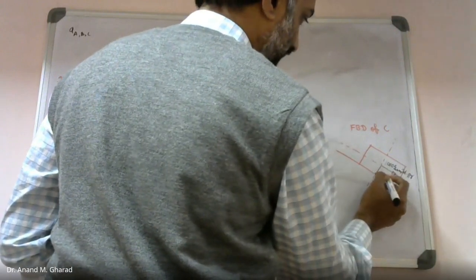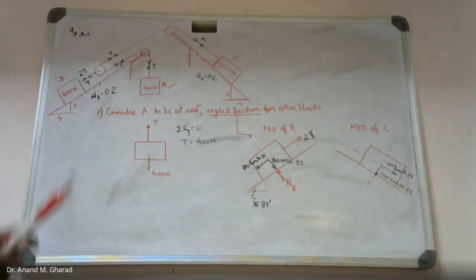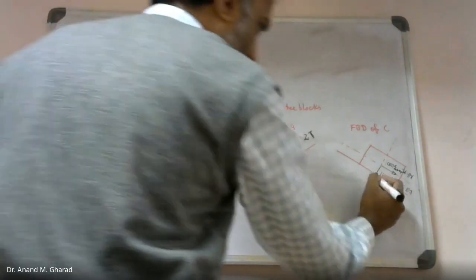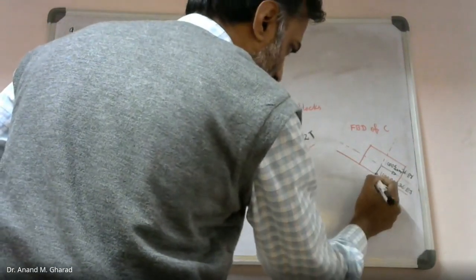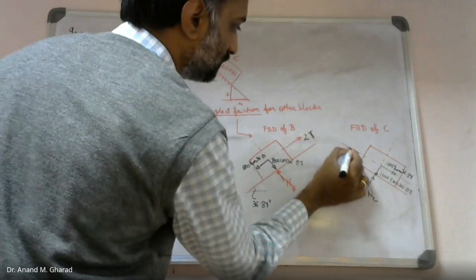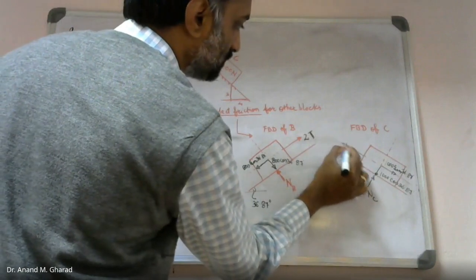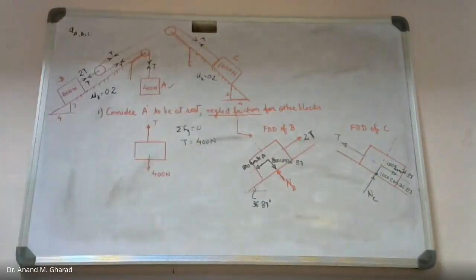This is 1000 cos component. True. Then this is normal reaction C. Then there is one tension force which is associated with this block C, which is capital T. Again, we are not assuming any kind of friction over here.